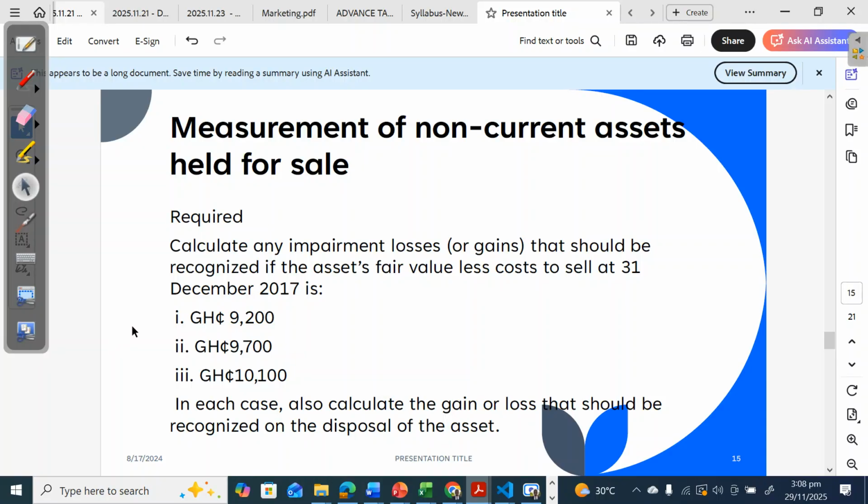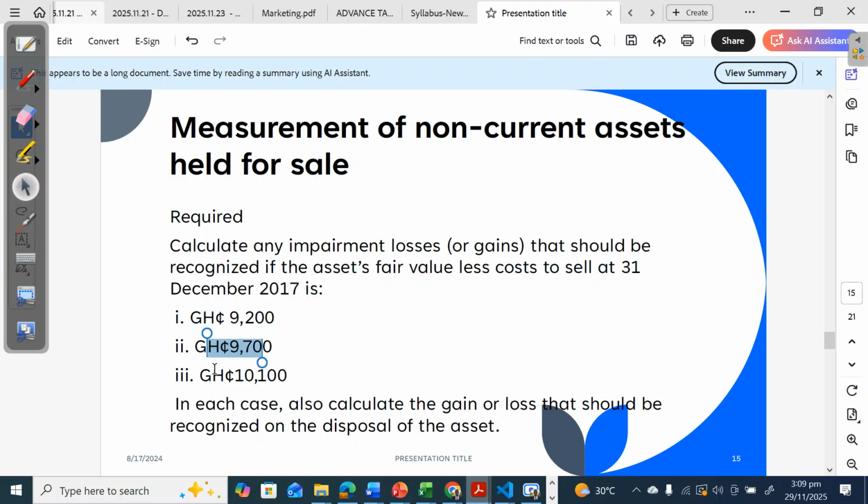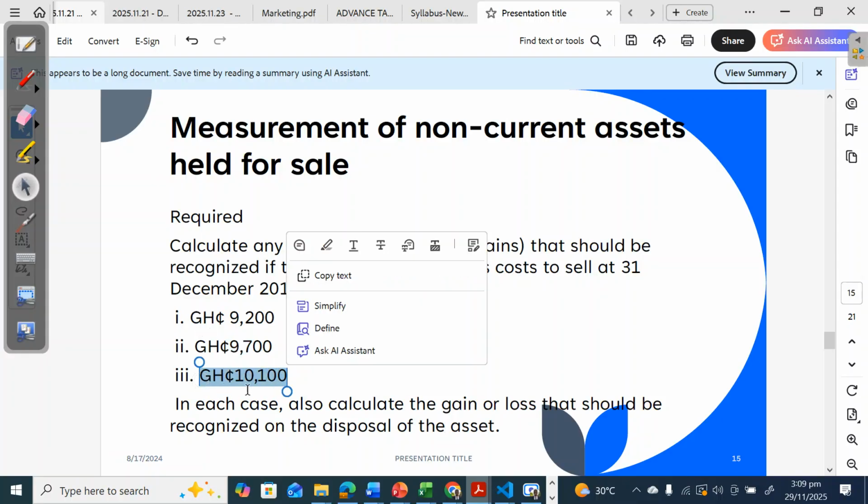So let's continue. Required: calculate any impairment losses or gains that should be recognized if the asset's fair value less cost to sell at 31st December 2017 is (i) 9,200, (ii) 9,700, (iii) 10,100.